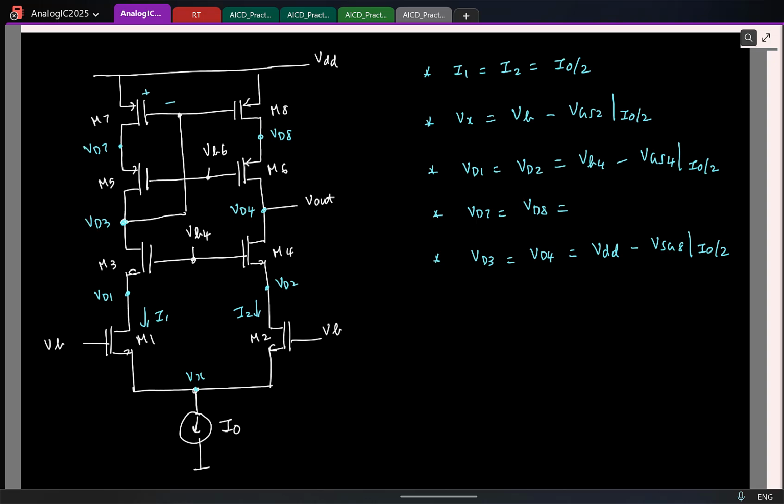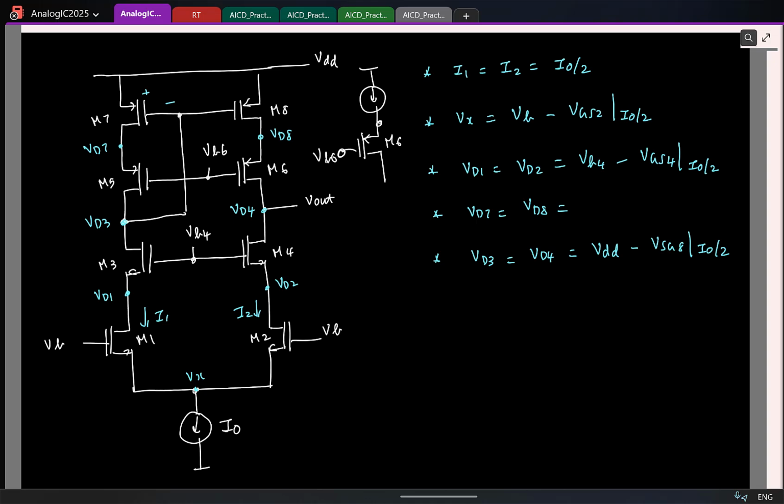And remember here among M5, M7, which is the actual current source, or M8, M6, what is the actual current source? M8. So now we can think of it like this. For the PMOS transistor, M8 is the current source and M6 is like this. So which means if I push in this current here, we have negative feedback setting this voltage. So if I connect this to VB6, the source voltage also should get set to the required value.